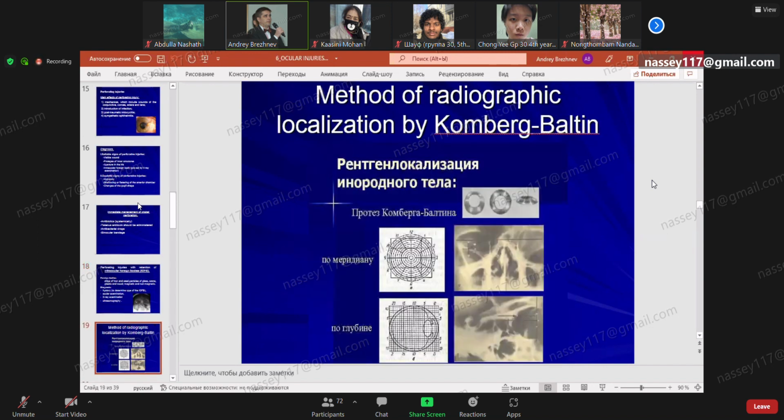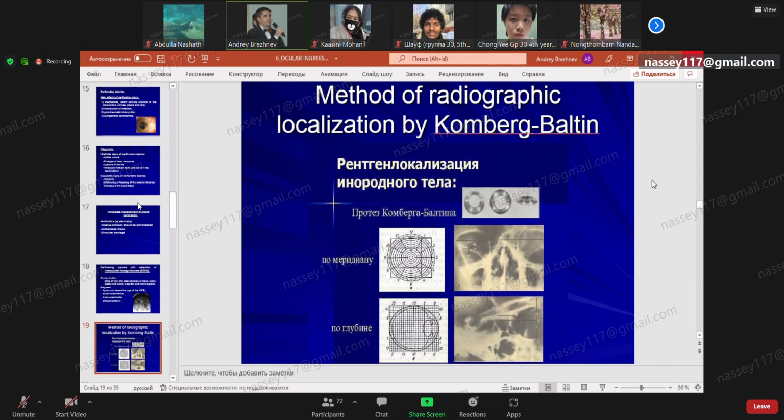And of course we can use ultrasound and computer tomography, but sometimes it's rather difficult. In case of ultrasound, if it's a very small foreign body, even a metal one, it's difficult to find.